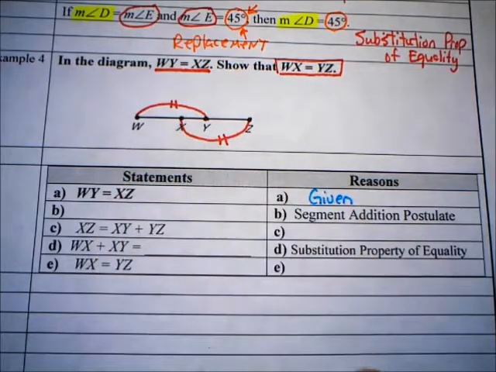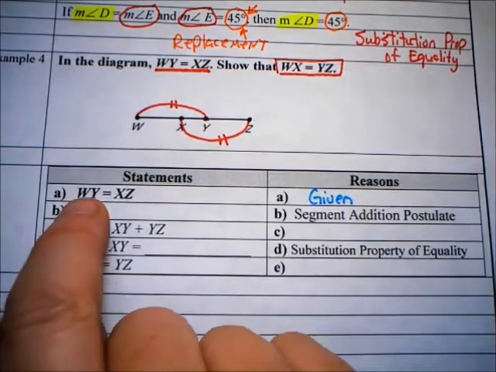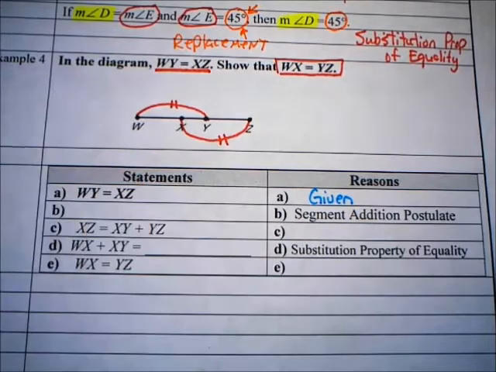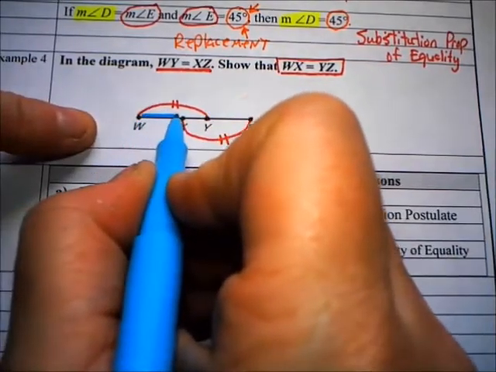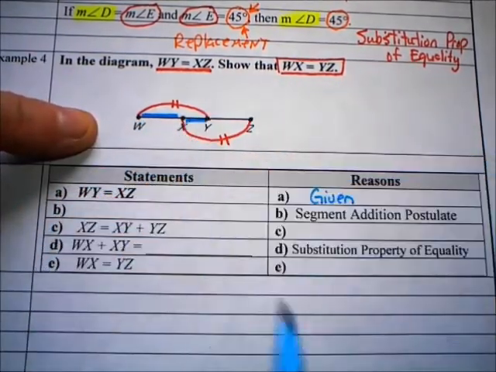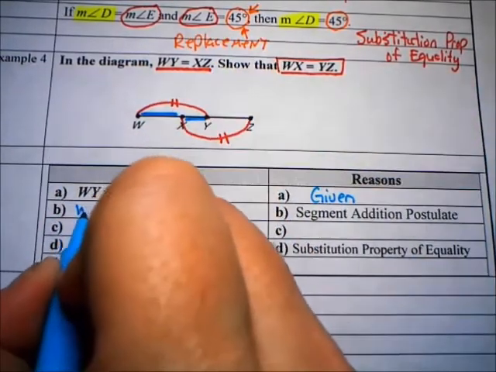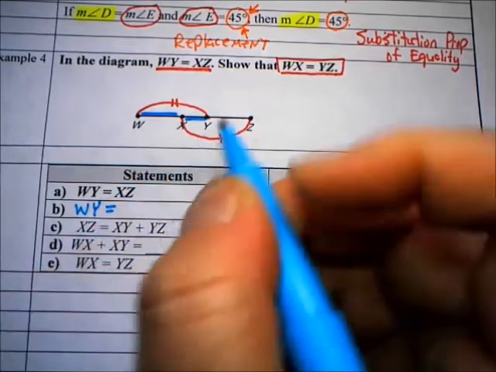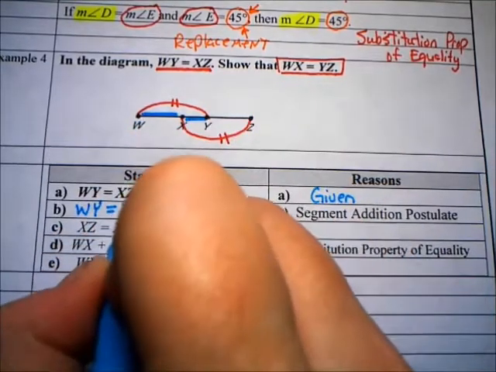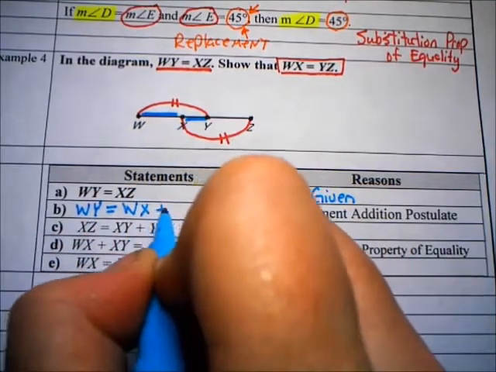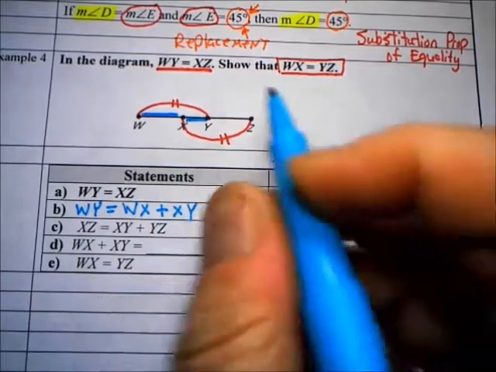Well, WY has two smaller segments, which are WX and XY. So I'm going to say that WY is equal to WX plus XY.